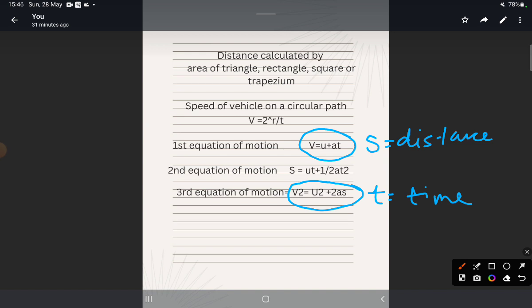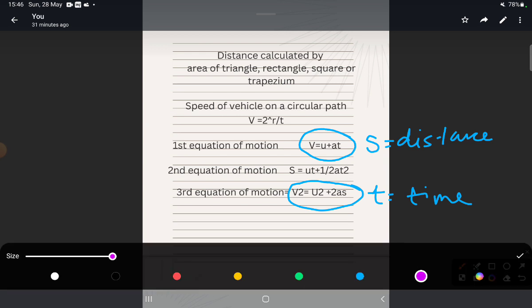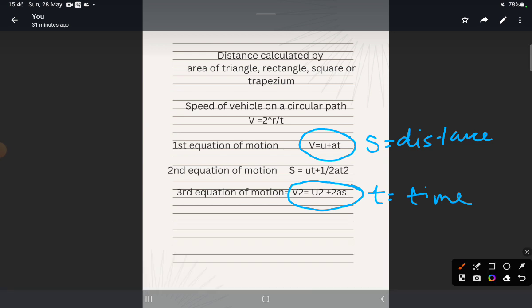And if in the question you find that both distance and time are given, not missing but given, then use this one. These are some of the very important points which you should keep in mind while you are doing the equations of motion and for the numericals of the chapter motion.